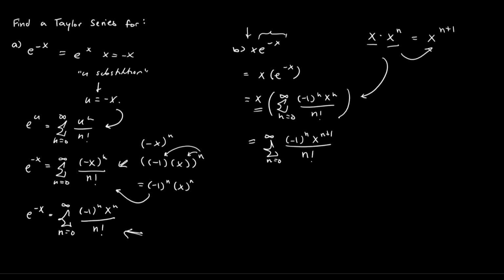So as you can see, you can basically multiply anything into your expression from a known expression, and you can also do substitutions for x to have a shortcut to find these otherwise relatively complicated to find Taylor series. For example, if you wanted to do this manually, you'd end up taking successive derivatives of x e to the negative x, which would not be fun. So this is definitely a faster way to remember how to do these problems.